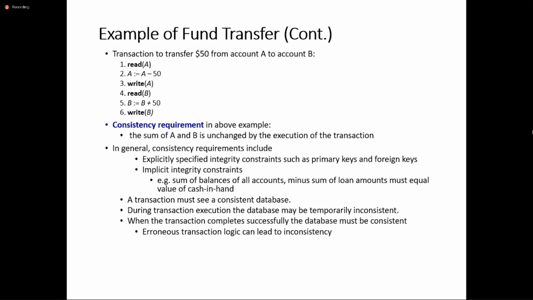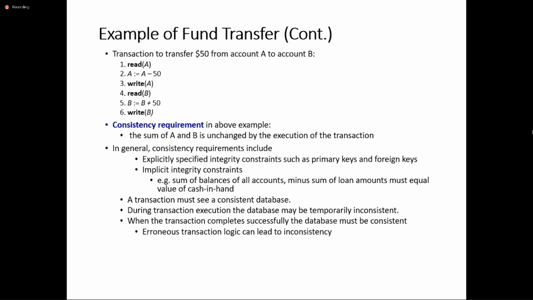For example, take the book's good example: $1,000 is there. First you read the $1,000, then A deducts, withdrawing the $50. Now A's balance is $950. Then B has $2,000. Then adding the $50, now it is $2,050.